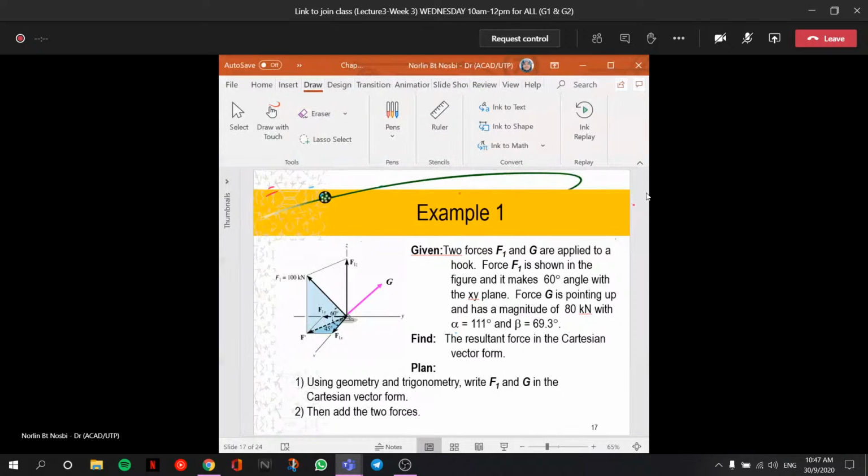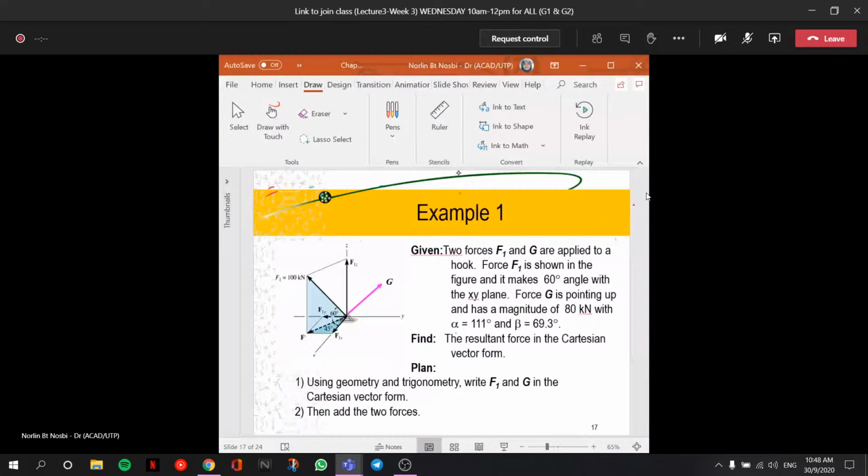The information given here is 80 kilonewton. So the magnitude is 80 kilonewton. And then given here alpha is 111 and beta is 69.3.